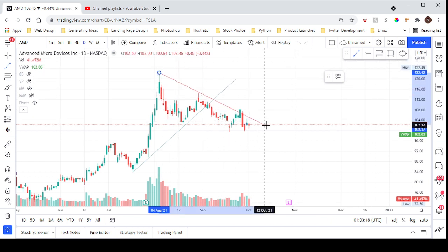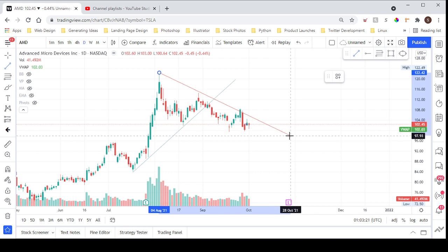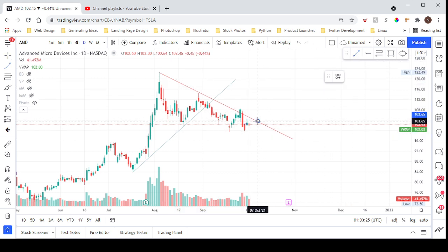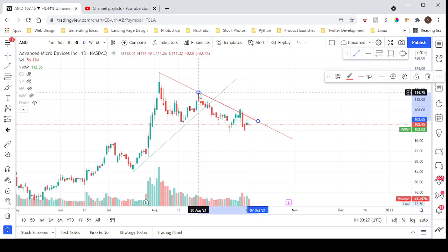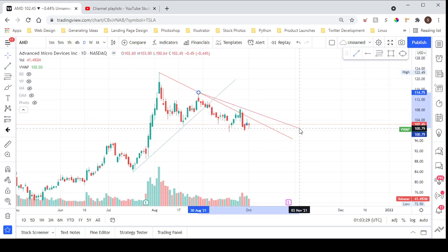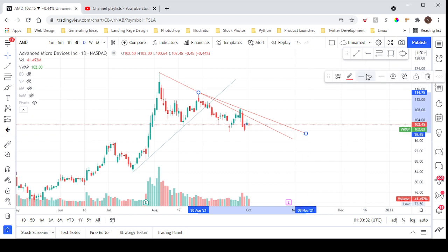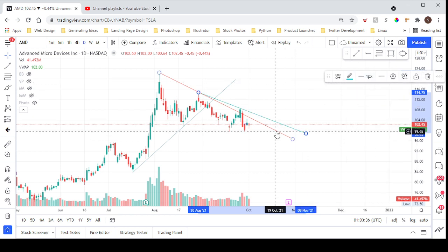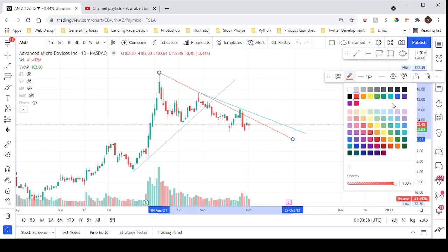So here I'm going to connect these 2 points. You can see the trend forming there. I'm going to connect this. There's not really a lot there. Let me also get some color coding in here just to make it look a little bit better.